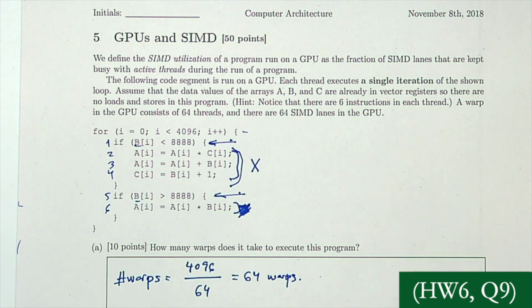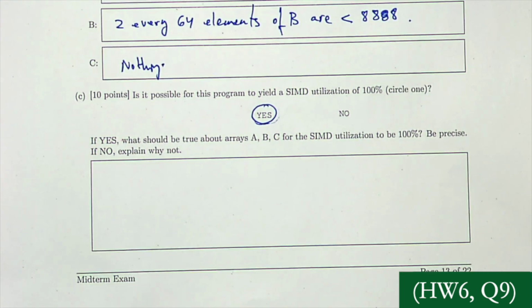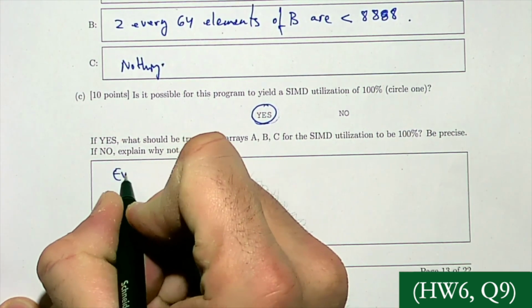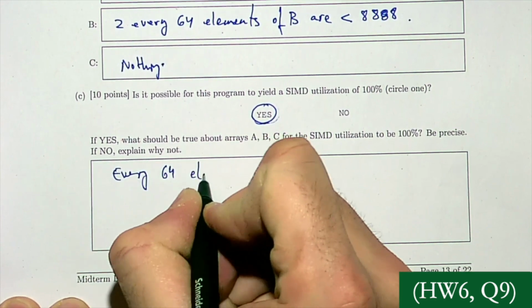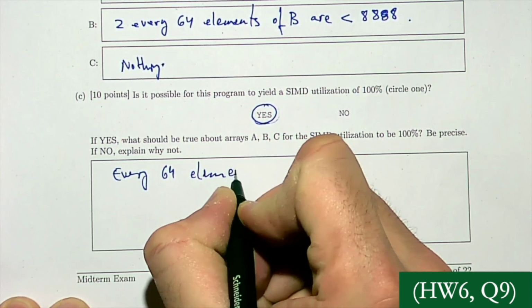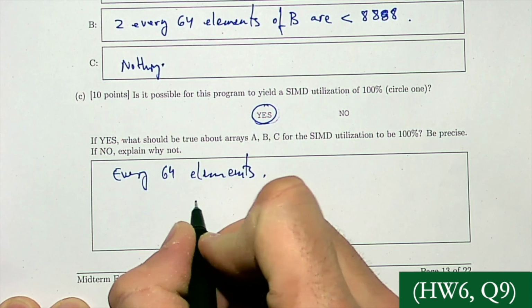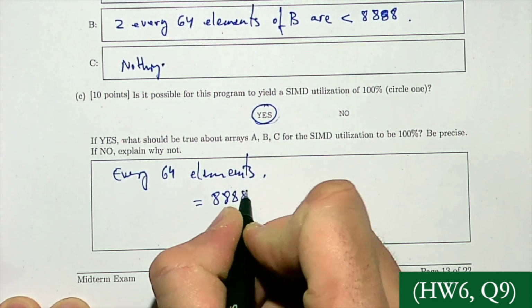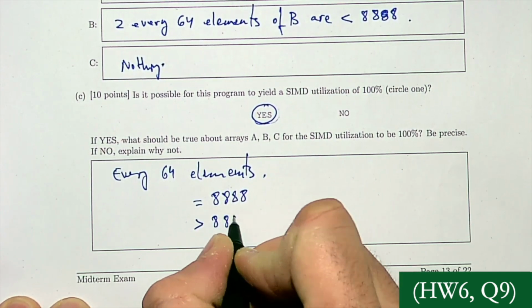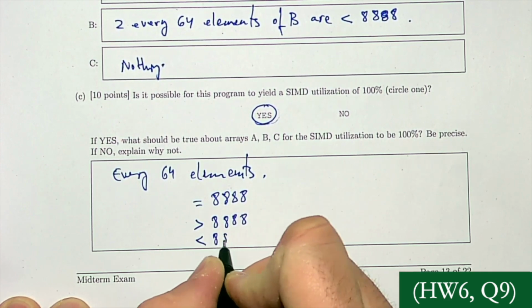So maybe the first 64 elements are equal to 8,888, and the next 64 are greater, and the next 64 are lower. Is that clear? Okay. Every 64 elements will be equal, or this, or that.